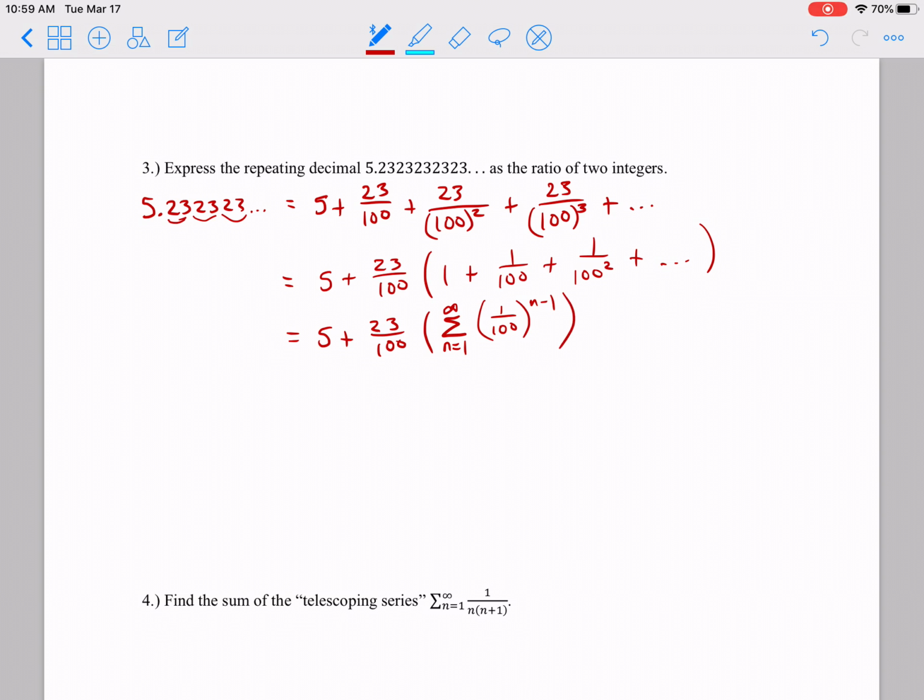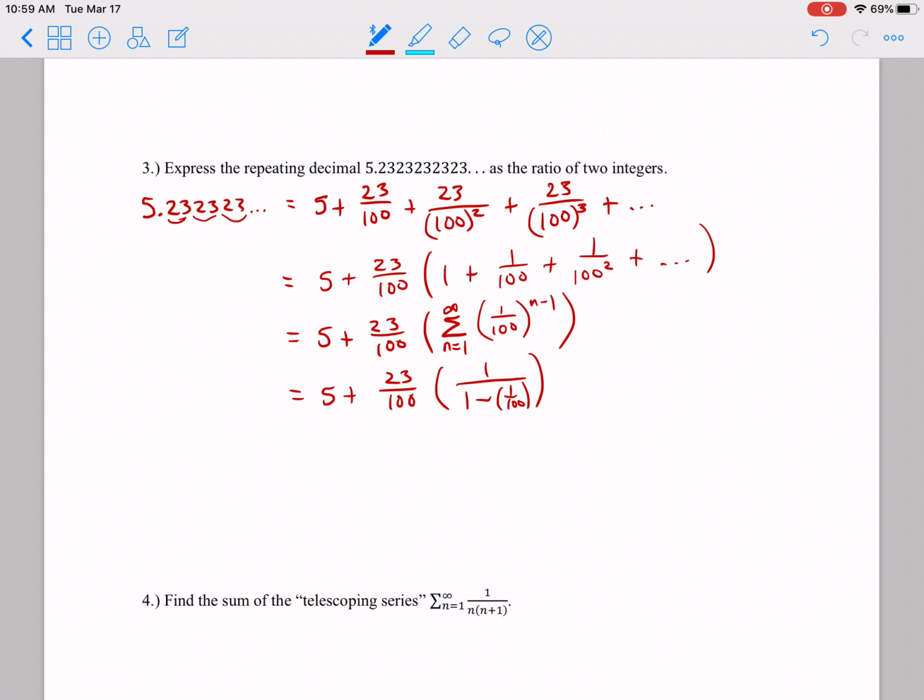So when n is 1, this becomes 1 over 100 to the 0, and then it's 1 over 100 to the 1, and 1 over 100 squared, 1 over 100 to the third, so on and so forth. That is a geometric series for us, where a is going to be 1, and r is 1 over 100. So that is 5 plus 23 over 100 times, again, a was 1, over 1 minus r, and r was 1/100th.